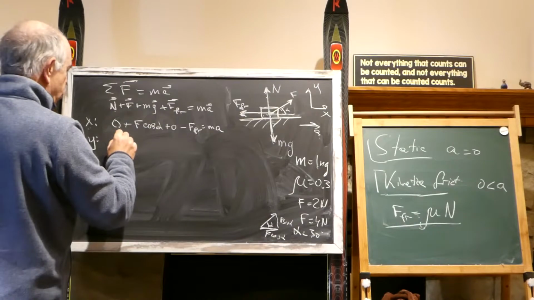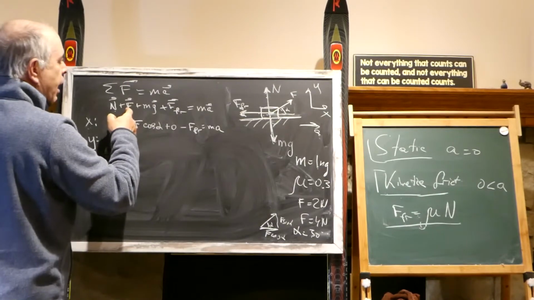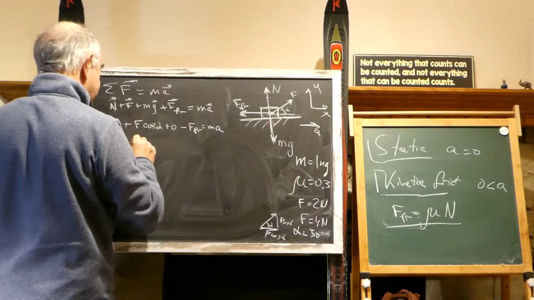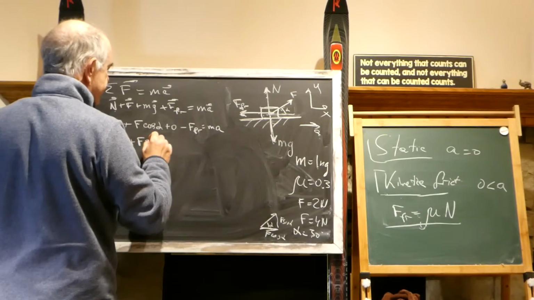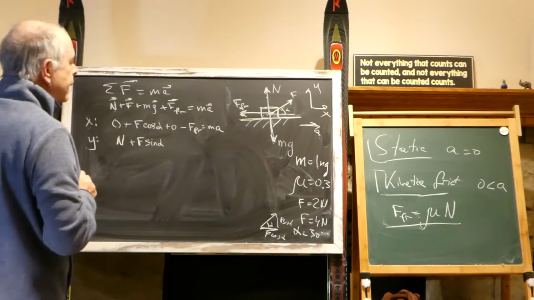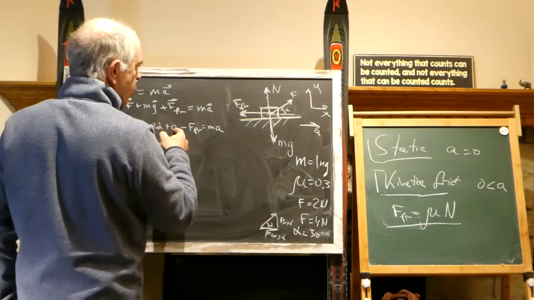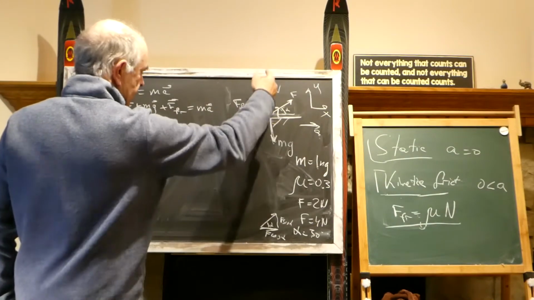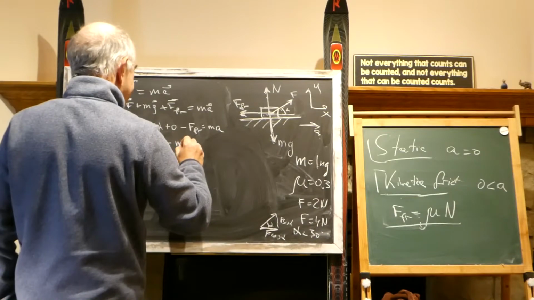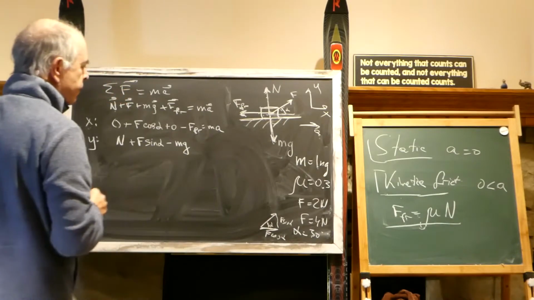So N vertically is N, F also is pushing up, and it is F sine alpha, right? mg, it was 0 here because it was x, but along this axis it's minus mg, right?